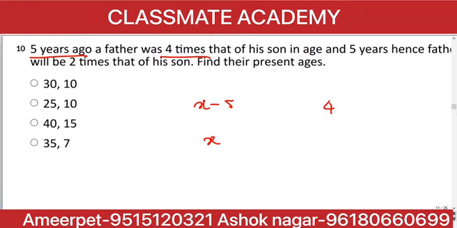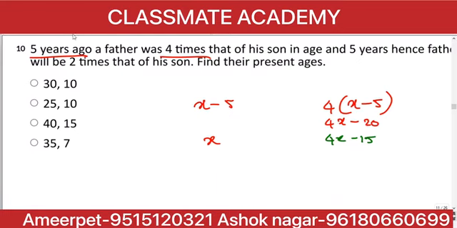So I can write 4 times x minus 5. When you solve it, you get 4x minus how much? 20. So it is 5 years before, right? What is the present age of the father? Yes, 4x minus 15 only. That is the present age.